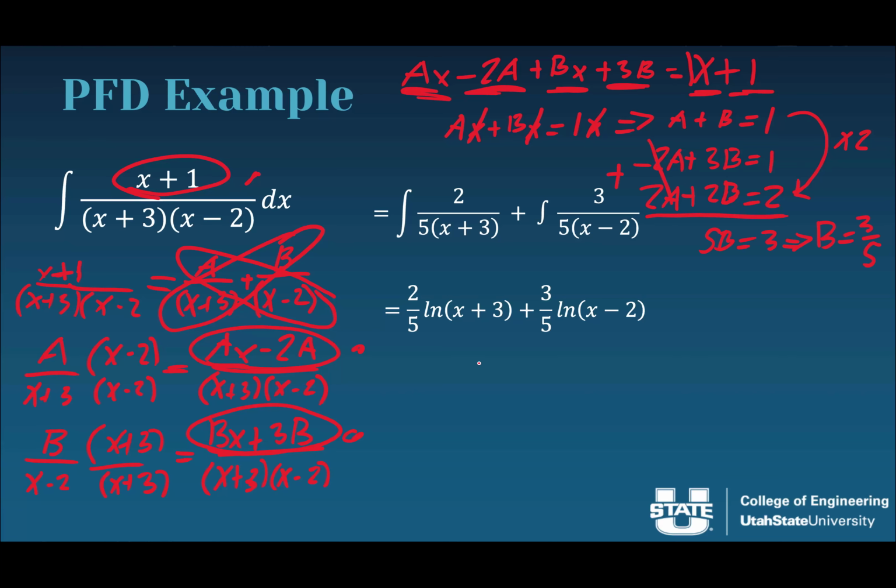I'm going to use the easier equation because that's what I like to do. If you guys like it hard, I guess you can do the harder equation, whatever floats your boat. So I'm plugging it back into the first equation, the a plus b equals 1. And solving for a here, we're going to get a is equal to 2/5. Everybody good so far? Cool.